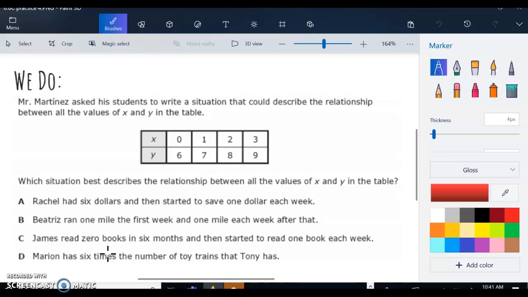So, once again, we're given a table and we're going to have to identify the situation that the table is describing. Keep in mind that your x is going to be your independent value, so that has to have the value attached to it. I'm going to write that right here.